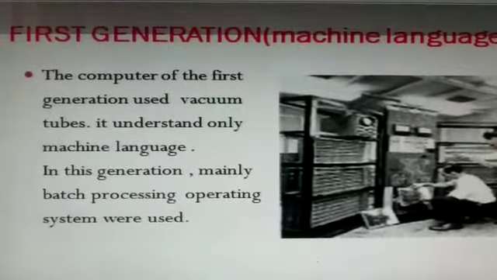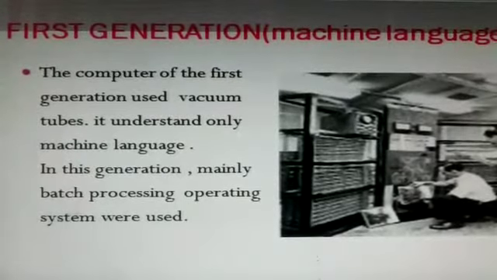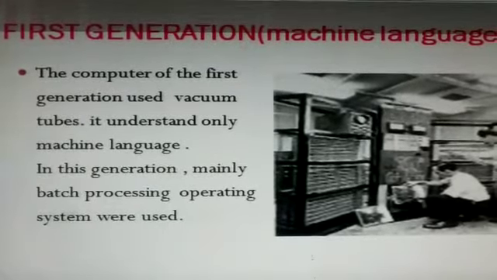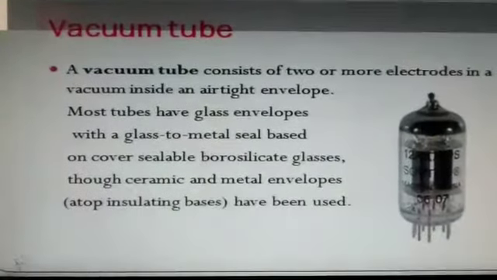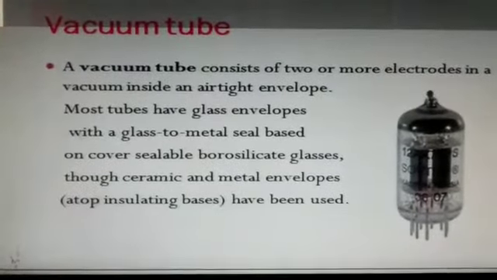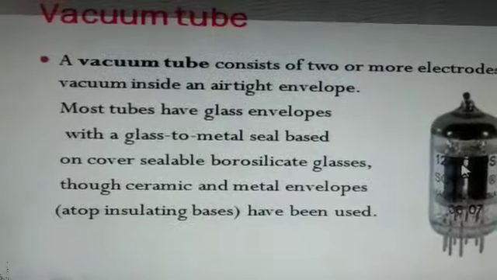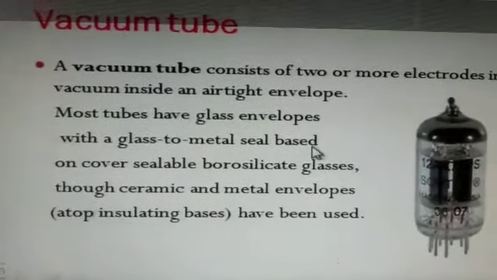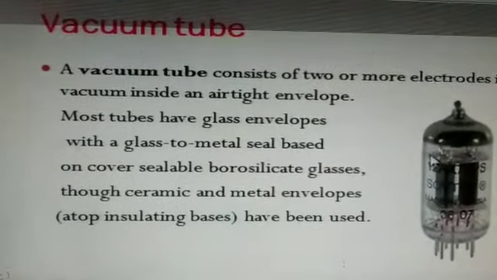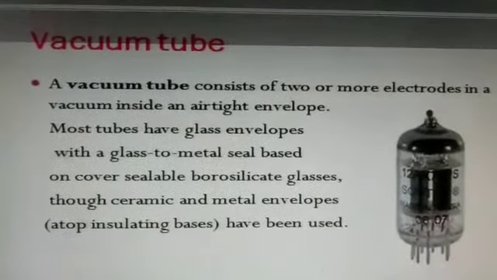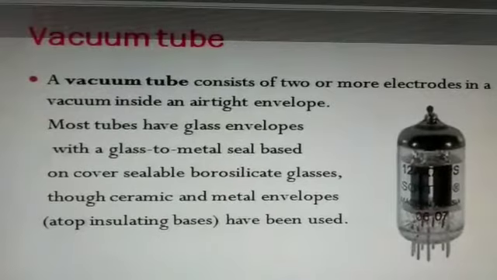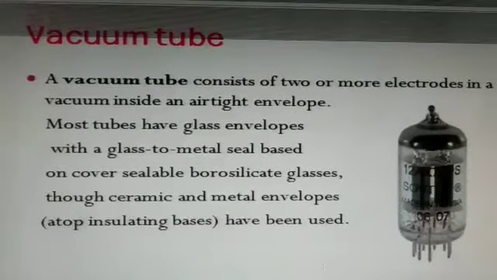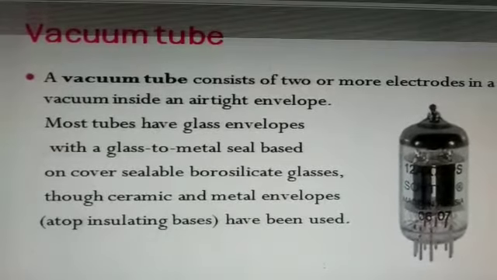In first generation we use vacuum tubes. Now I will show you what a vacuum tube is. Students, you can see in this image, this is the image of a vacuum tube. A vacuum tube consists of 2 or more electrodes in a vacuum inside an airtight envelope.